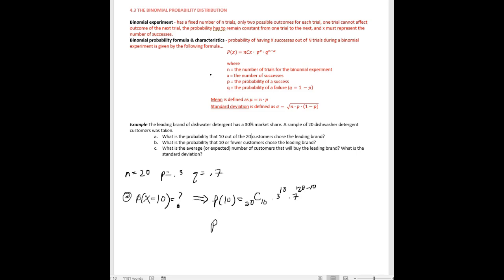So that's our formula, right? 20 choose 10, 0.3 to the 10th, and then 0.7 to the 10th.